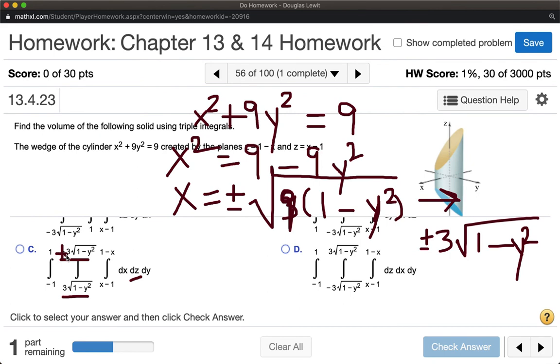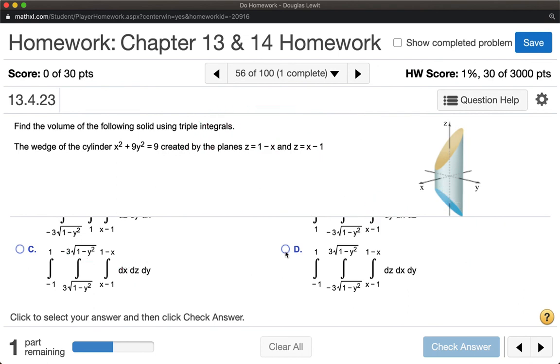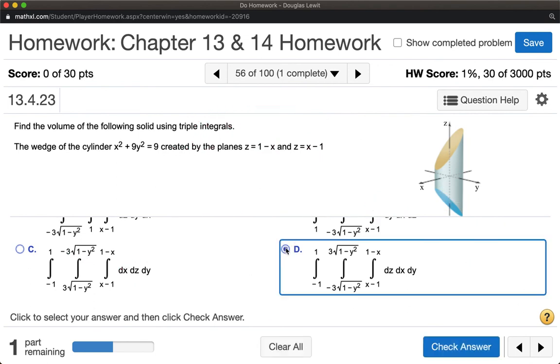So they have their limits screwed up. They did that on purpose to confuse you, and besides, these aren't the right z limits anyway. The correct z limits should be 1 minus x and x minus 1, so dz should actually be right over there. So the only possible answer is going to have to be D by the process of elimination.